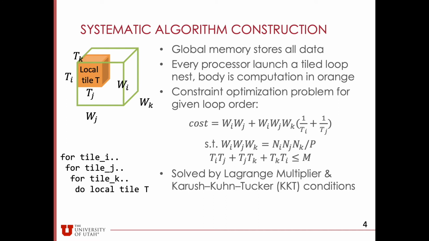The first constraint implies there are in total P processors, and the second constraint is the local memory constraint. We can solve this problem by utilizing the Lagrange multiplier and the KKT conditions. And we will show a solution structure overview in the next slides.